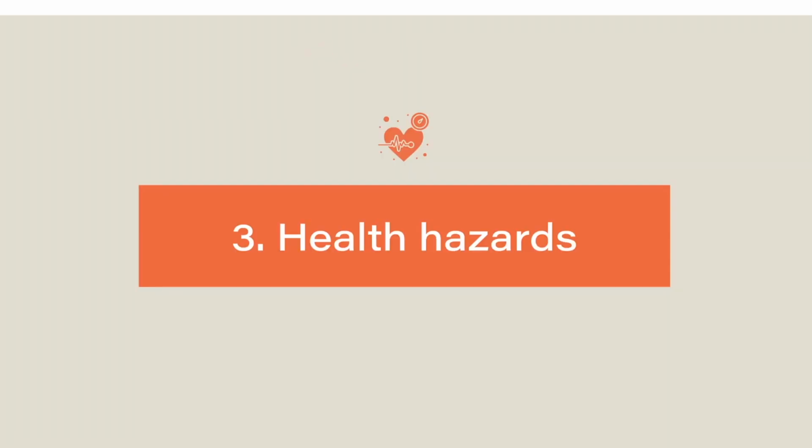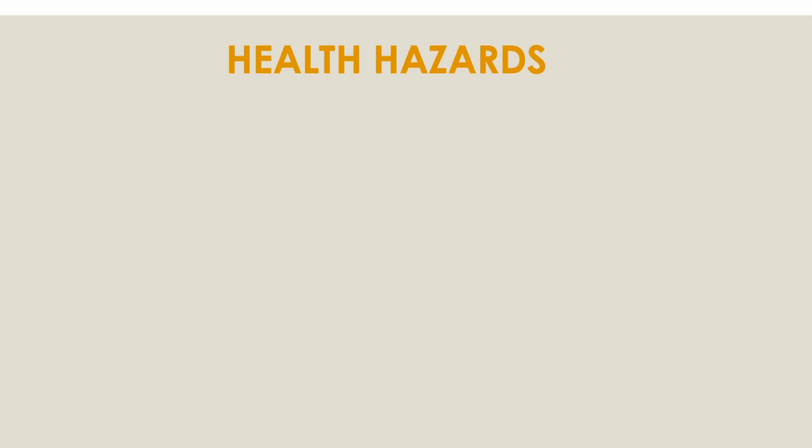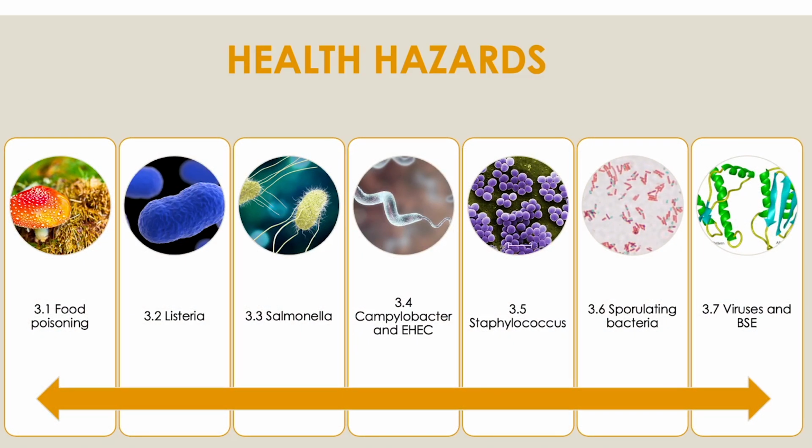The third is health hazards. In health hazards, we will get to know about different ways of treatment, and also reasons for getting infection in the food industry and in the hygiene industry environment.